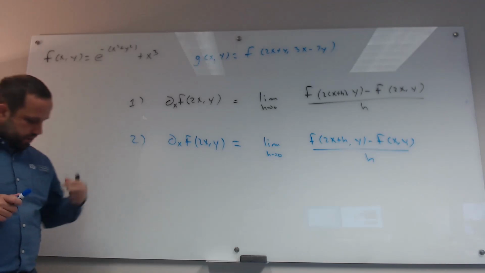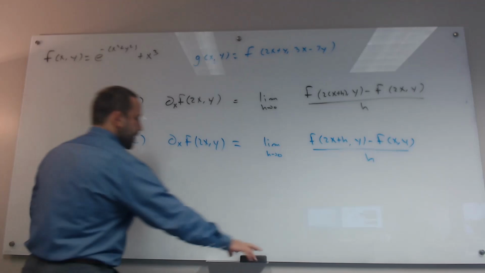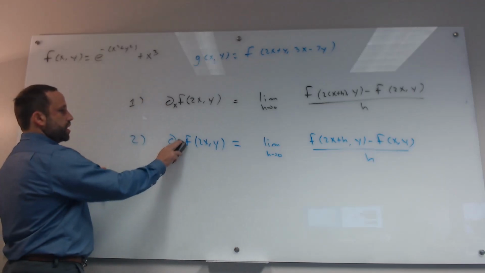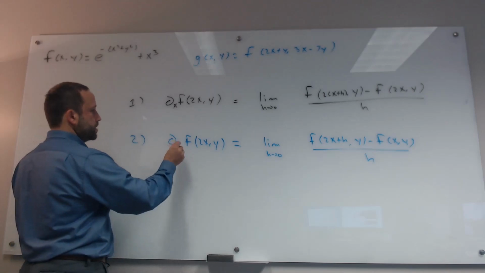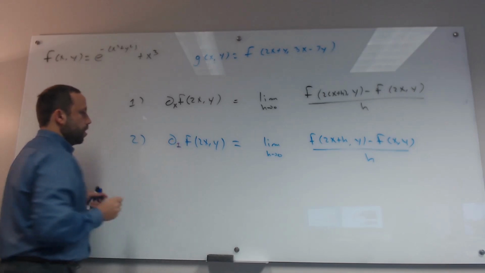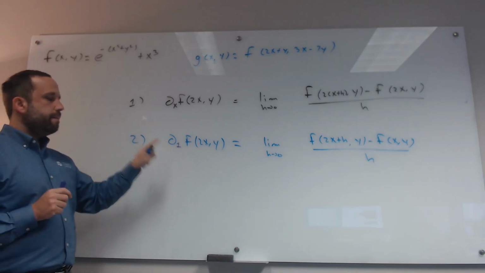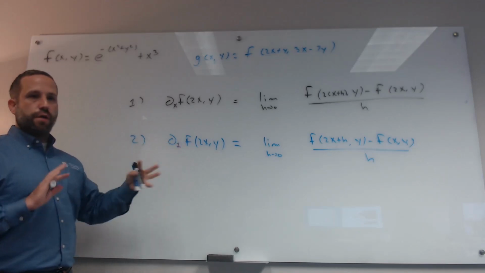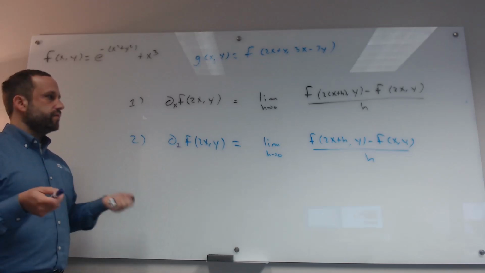Now what I think might be a little more helpful sometimes, for this notation right here, at least in the context of changing variables, is to call this d sub 1. Instead of d sub x, I mean d sub 1, meaning we're taking the derivative in the first component. And d sub 2 would mean taking the derivative in the second component.